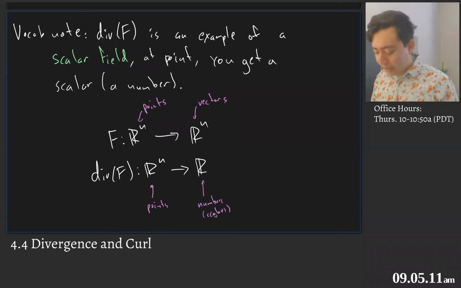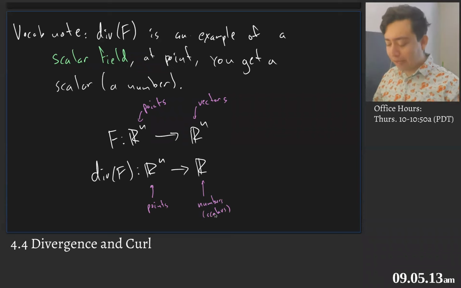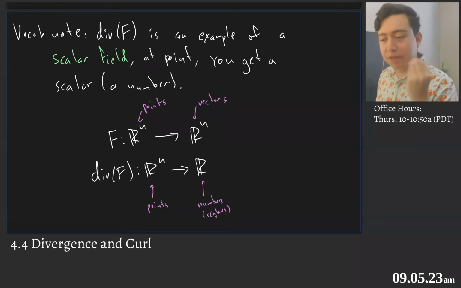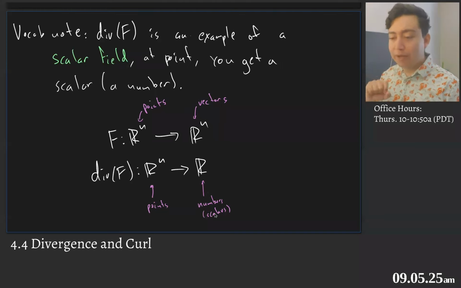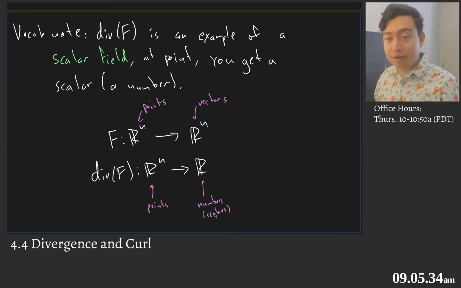A scalar field is a more general idea. It's just that at every point you have some number assigned to it, and then what that number means can vary. But specifically for the divergence, that number at any given point is telling you whether it is expanding or compressing at this point, and by how much.